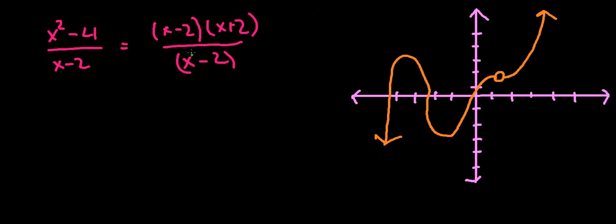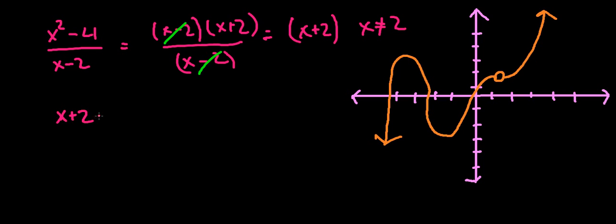So here we can see that these x minus 2's can cancel out. However, this leaves us with x plus 2. However, x cannot equal 2. And this is what a hole in the graph is. Essentially, the graph of this function is the same as x plus 2. However, there's just a hole in the graph where x is 2.